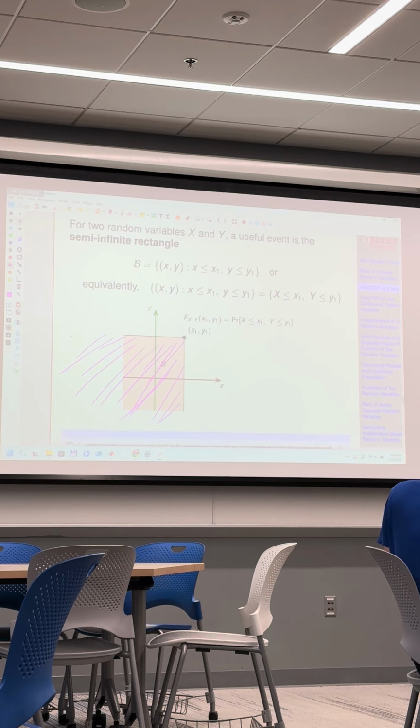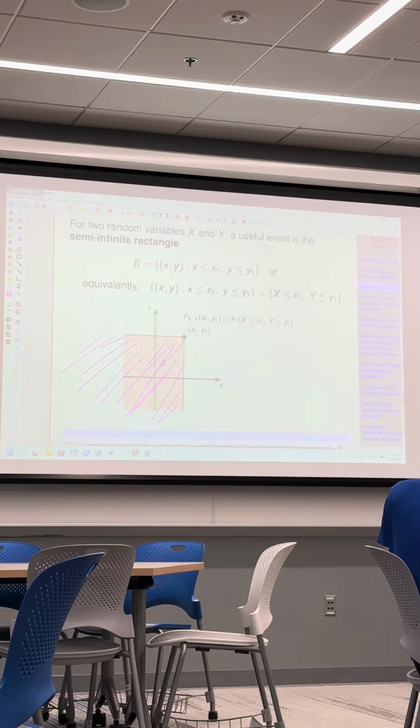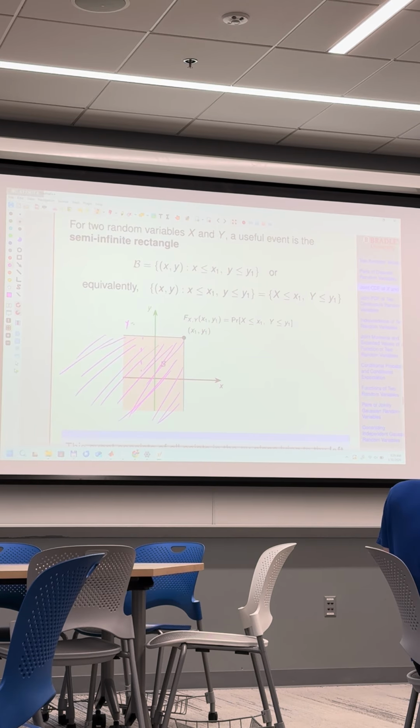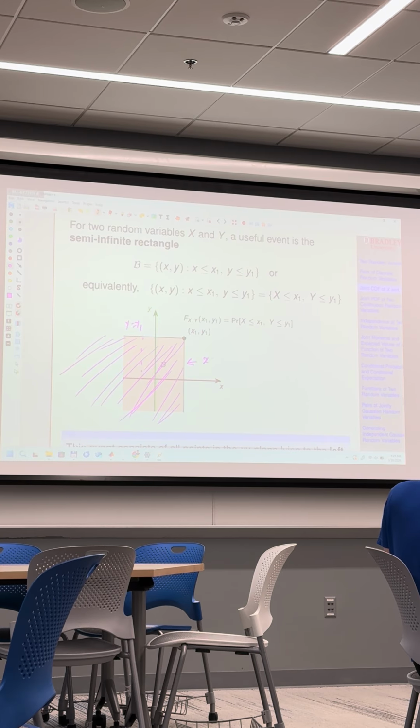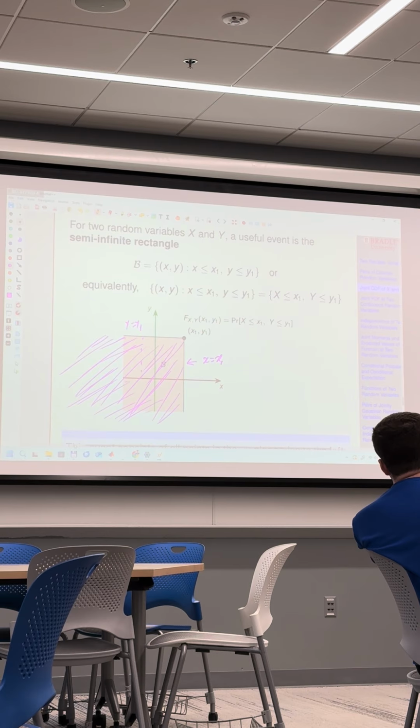This line is y equals y1, and this line is x equals x1. It has two boundaries, and to the left there is no boundary. It goes all the way to negative infinity. So y goes from negative infinity all the way to y1, and x goes from negative infinity all the way to x1.